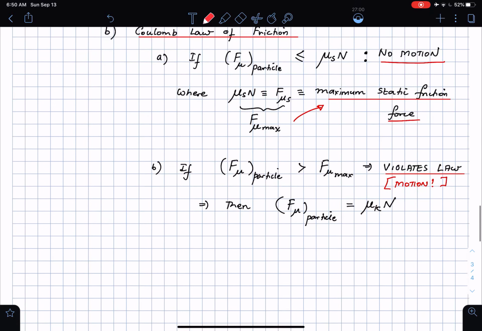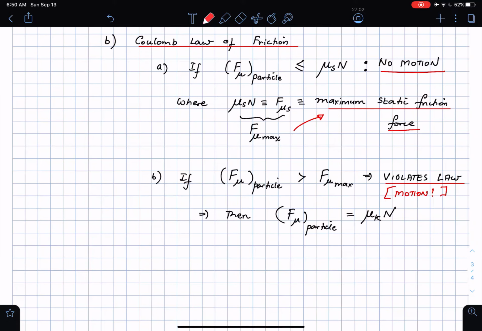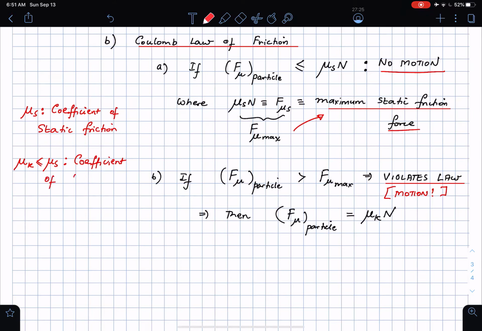In these situations, as you know, mu s is the coefficient of static friction, and mu k, which is typically less than mu s, is the coefficient of kinetic friction.